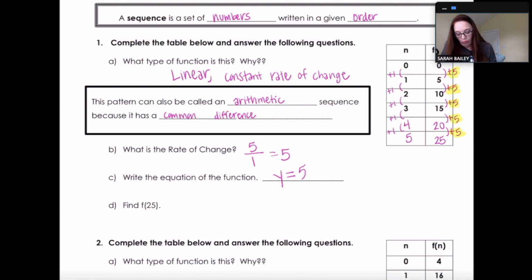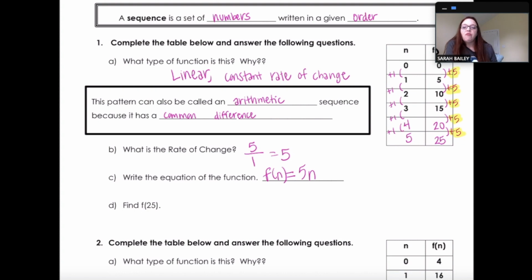And actually, I wrote y, but instead of y, I should have written f of n. So f of n equals 5n plus or minus what? Well, think about that y-intercept. In this case, it goes through the point (0, 0), so it would have a y-intercept of 0. So it'd be f of n equals 5n plus 0, or just f of n equals 5n.